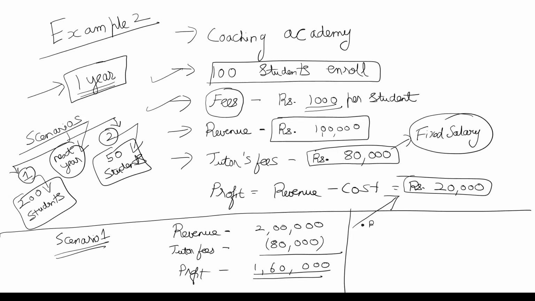Let us see what has happened. If I look at revenue, revenue went up from 1 lakh to 2 lakhs. Basically, this is a 100% increase in revenue. Let us look at what has happened to profit.